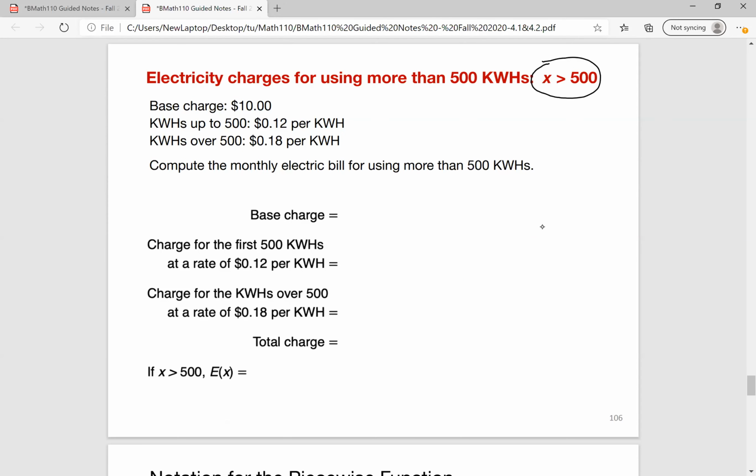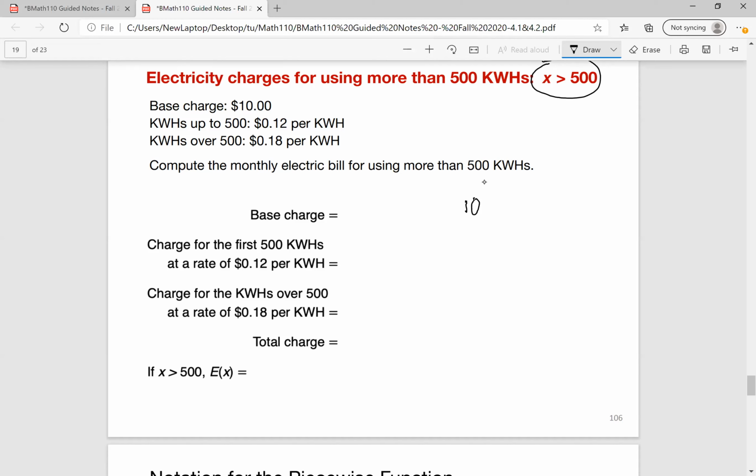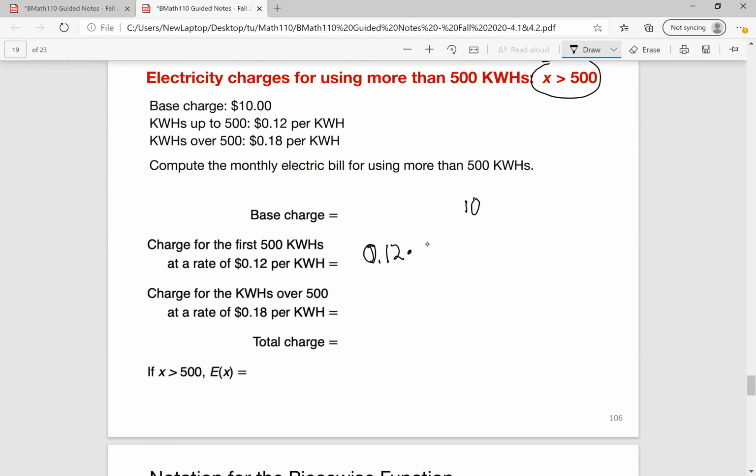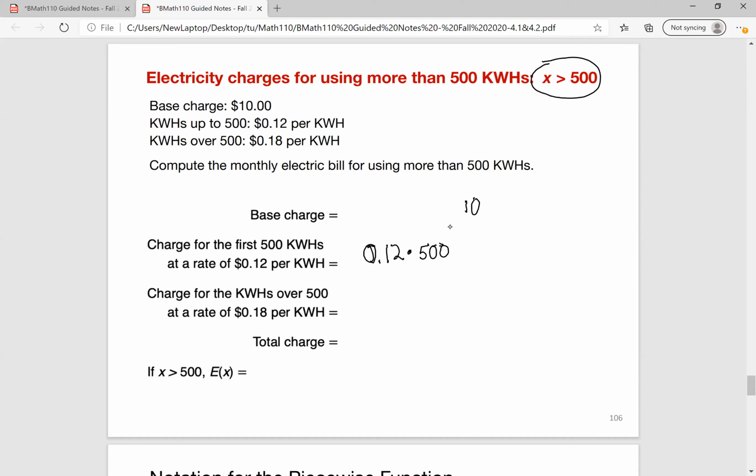With the amount of kilowatts greater than 500, what is the equation you have to pay for that? So the fixed charge is still $10. For the first 500, you should use 0.12 multiplied by 500, because x right now is greater than 500, so the first 500 has to be paid at 0.12.